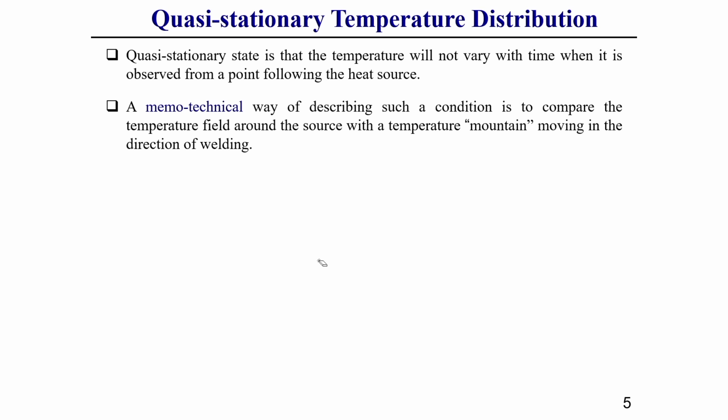That means in the quasi stationary state the temperature will not vary with time, when we observe this temperature profile about a point which is following the heat source. That means, with respect to the moving heat source, if we observe the thermal profile around the heat source, we will observe it remains constant over time. That also I have shown in the previous slide.